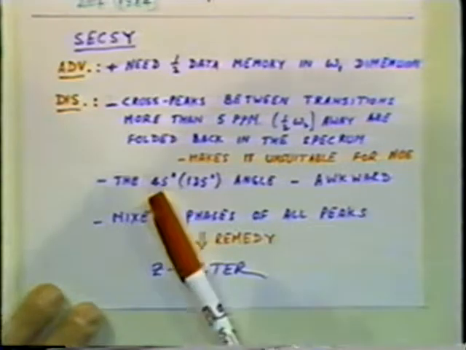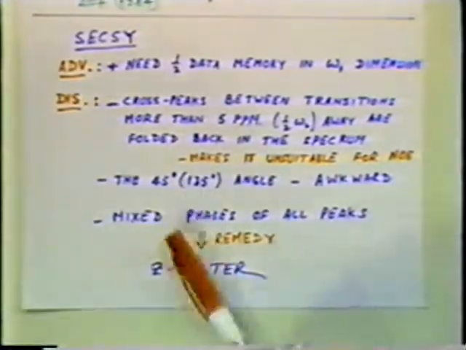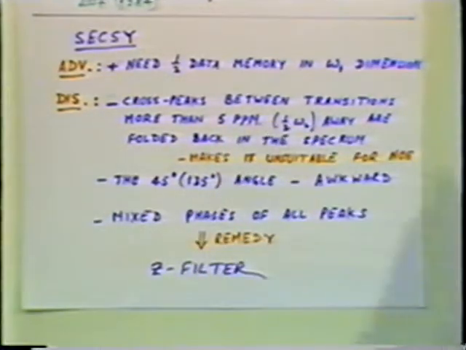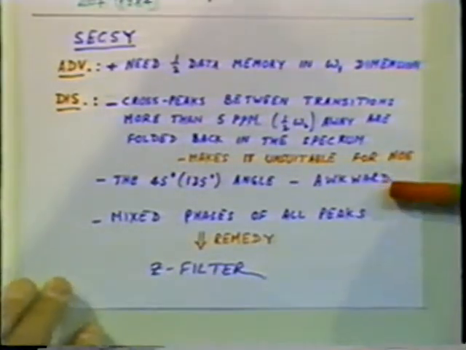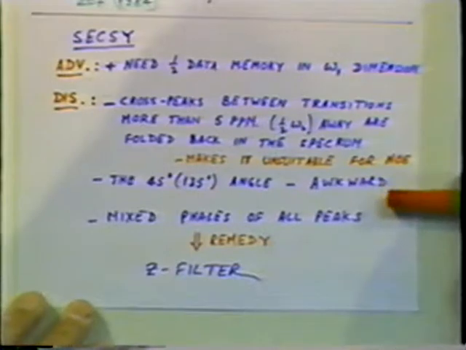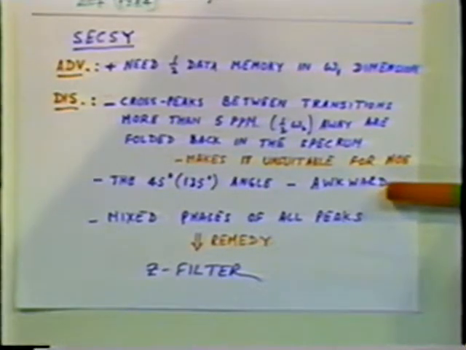And this 45-degree angle or the 135-degree angle makes it awkward to look at the cross peaks. And that is perhaps one of the main reasons why this experiment is also not so popular.